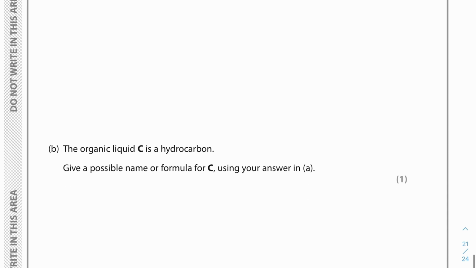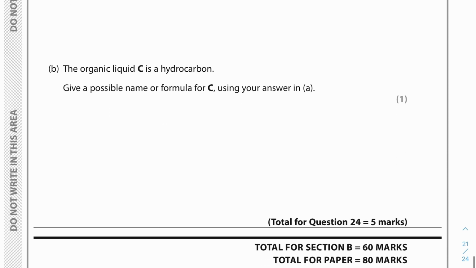Now it says the organic liquid is a hydrocarbon. Give a possible name or formula for C using the answer in A. So we know that the Mr is 86, right? And we know it's a hydrocarbon, so it's C and it's going to have hydrogen. So let's just see how it would work. So we have CH3 over here.